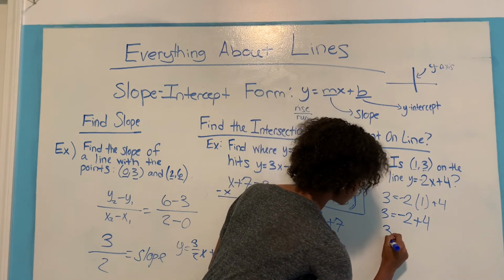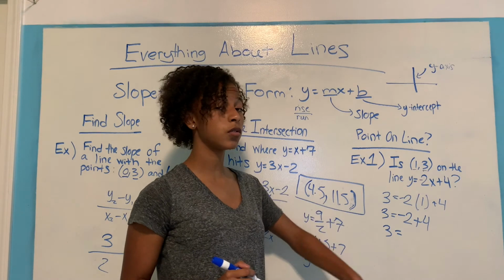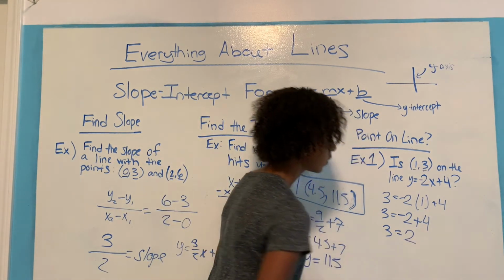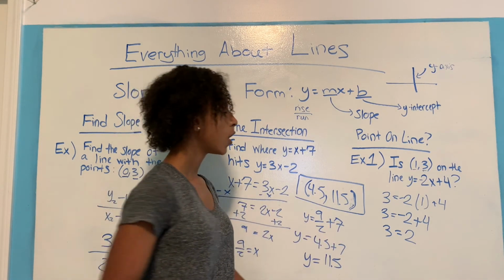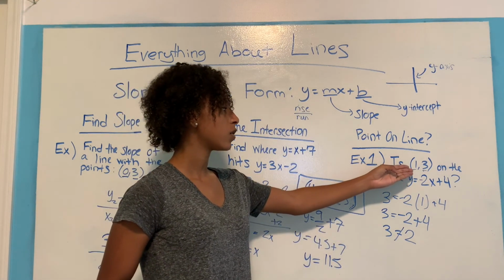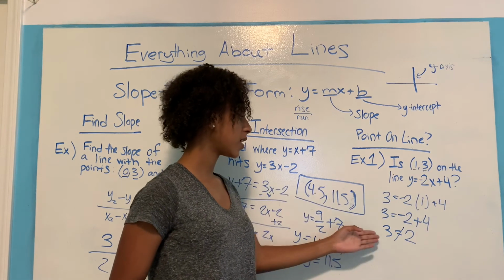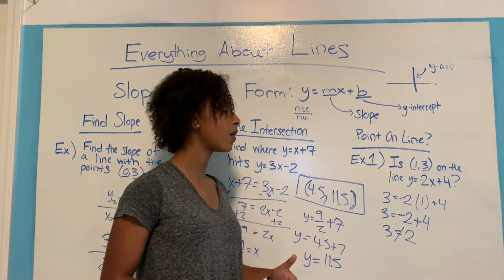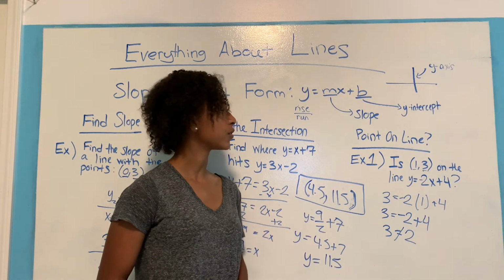If you simplify, negative 2 plus 4 is equivalent to 2, so you can see that 3 equals 2. 3 doesn't equal 2, and it can't, which shows that (1, 3) is not on this line. It has to equal the same number for it to be on the line, and this is a very easy way to tell if that ordered pair is on the line that you see.